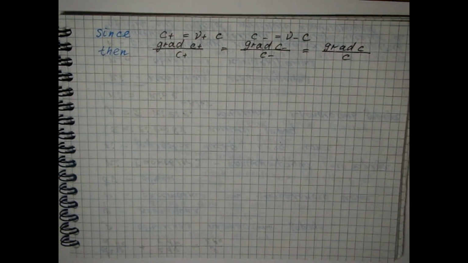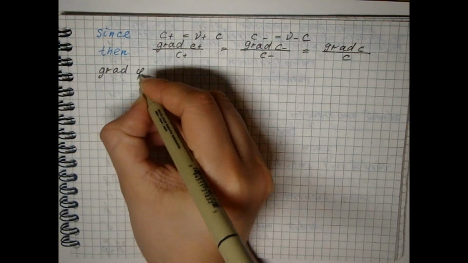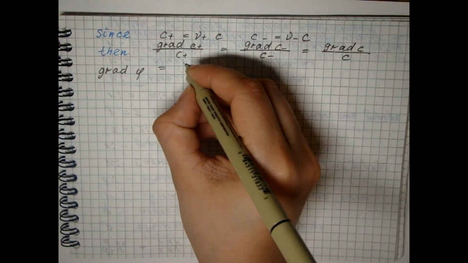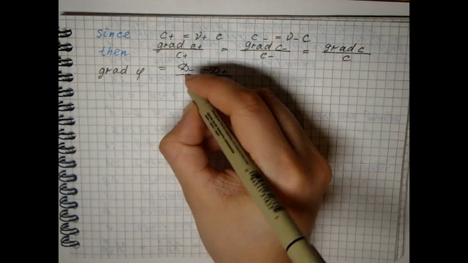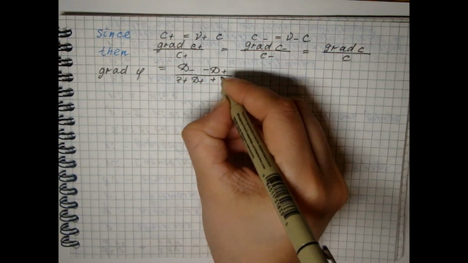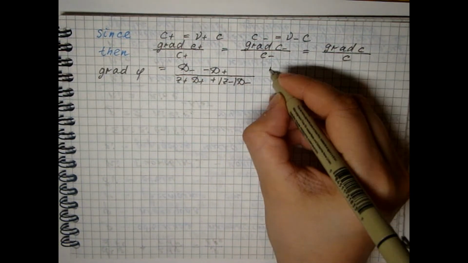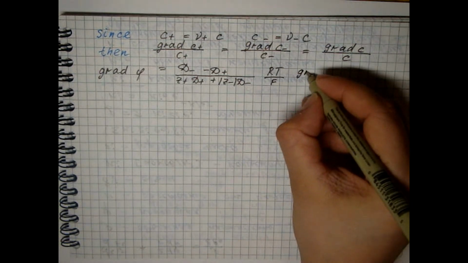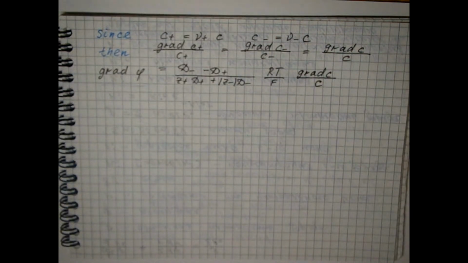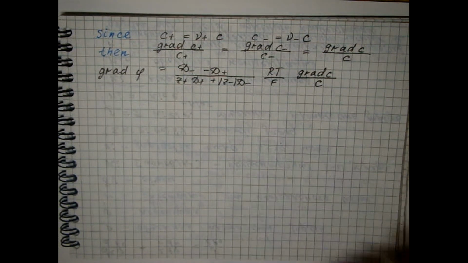solving the equation with respect to the potential gradient, we obtain, and the total speed of movement of cations and anions in stationary conditions is determined by the formula.